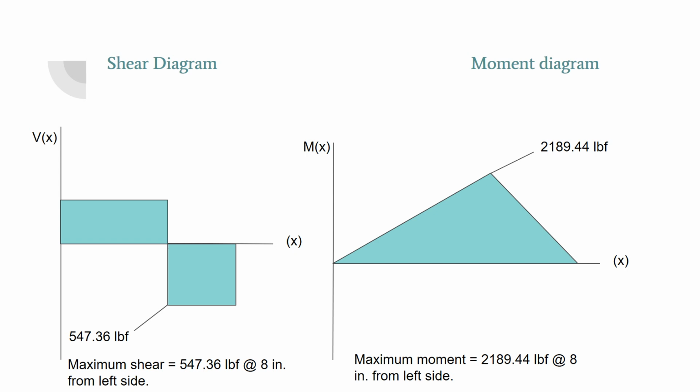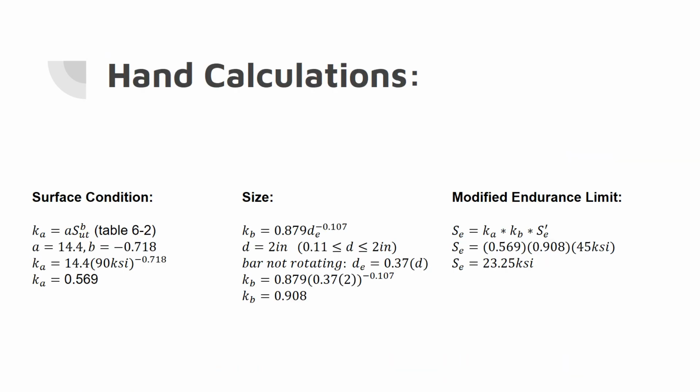You can see on the left a maximum shear of 547 pounds force, and then the maximum moment occurs at 2189 pounds force. In designing, as you see later, I just rounded up to an even number, just an extra precaution, I guess you could say.